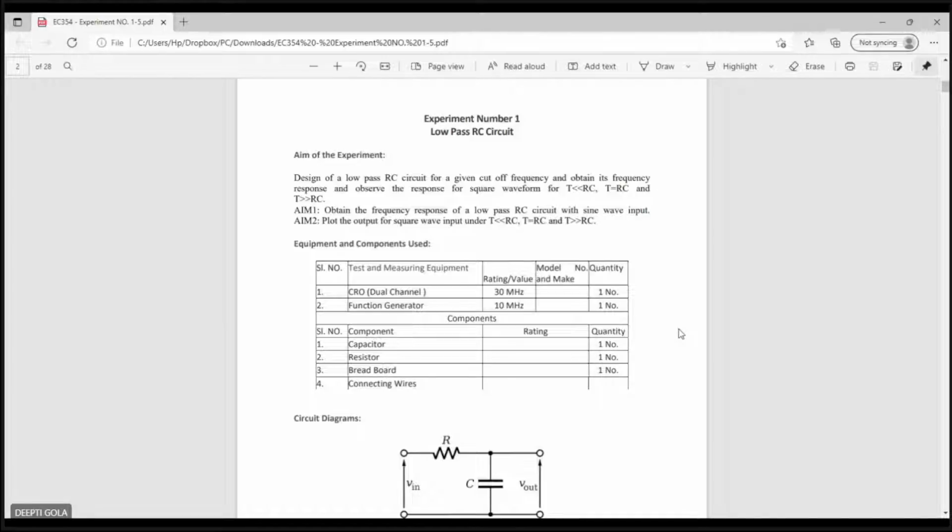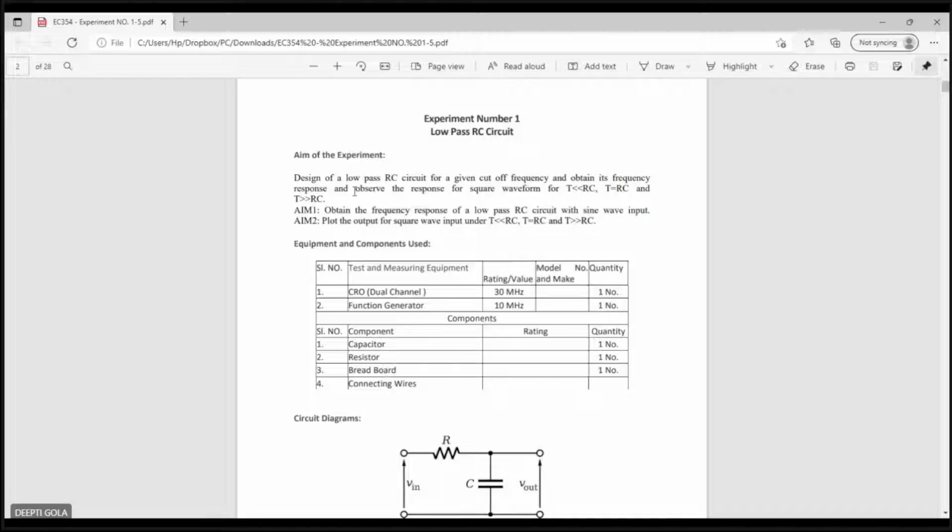In this first experiment, the aim is to design a low pass RC circuit for a given cutoff frequency, and you have to obtain its frequency response. I'll explain what the frequency response is and what a low pass RC circuit is.